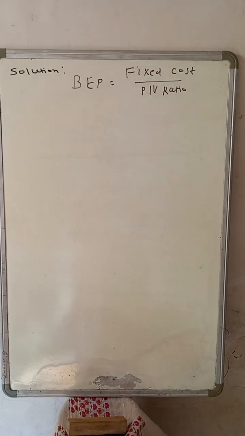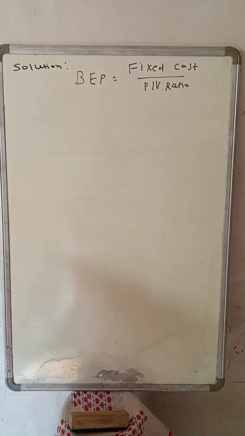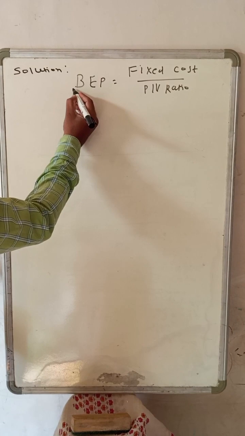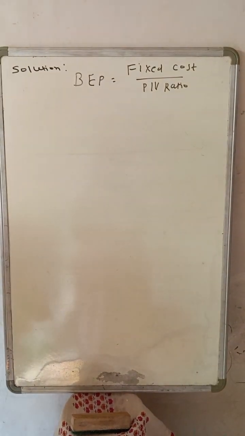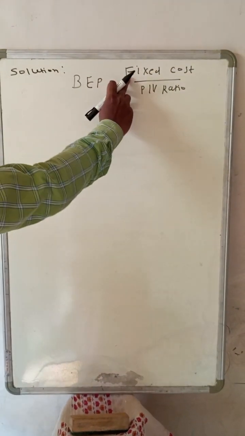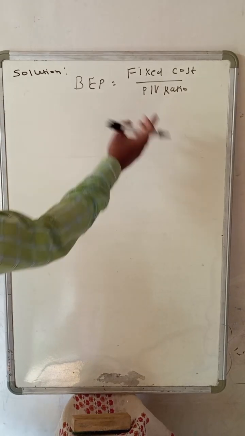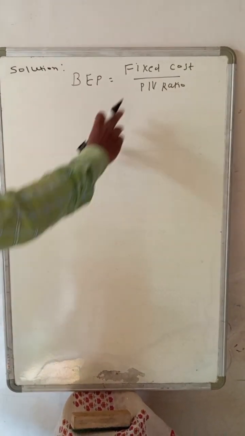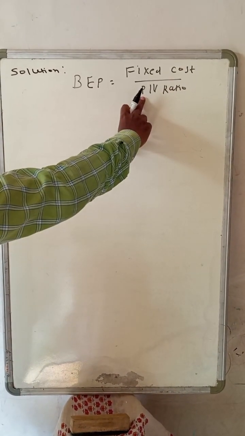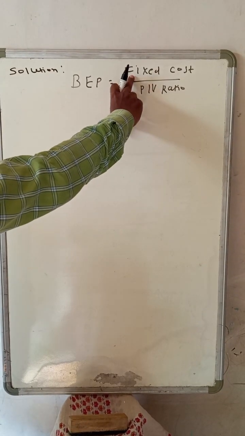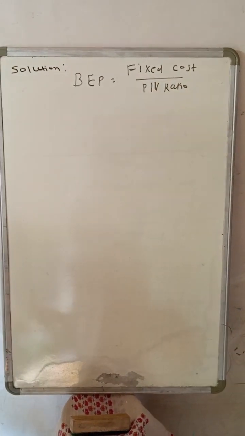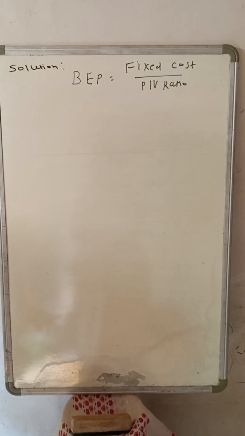As per the second condition, they are asking us to find out the break even point. The normal formula is fixed cost divided by PV ratio. In the previous point, we already calculated the PV ratio, that is 20%. But there is no fixed cost given, so we have to find out the fixed cost.